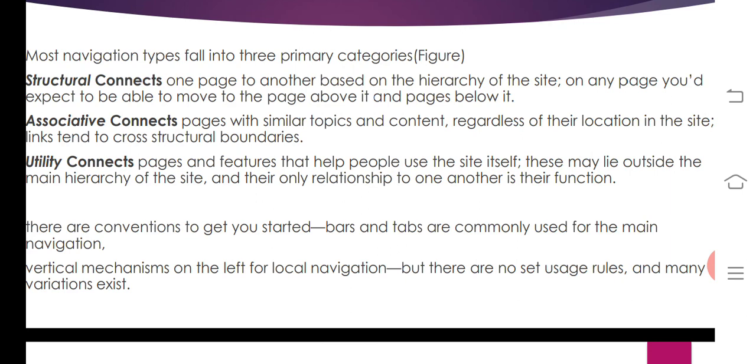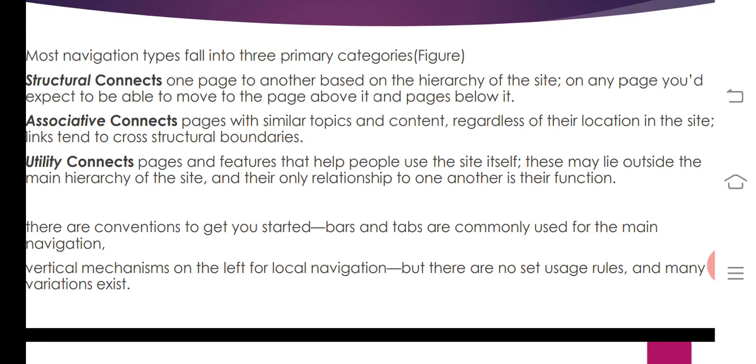Associate connects link pages with similar topic and content regardless of their location in the site. So the links tend to cross structural boundaries. So it is an associate connect.